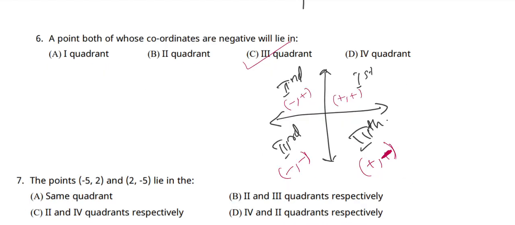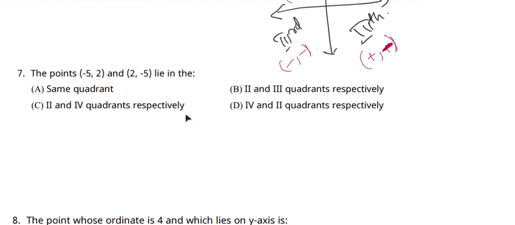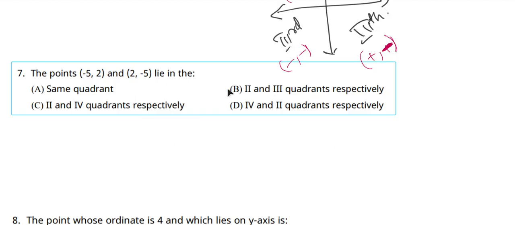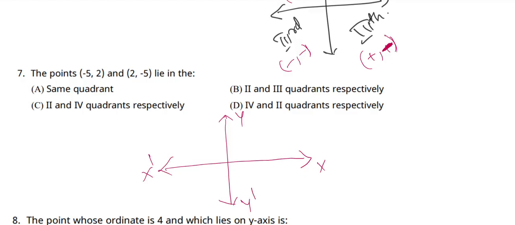Okay, next: the points (-5, 2) and (2, -5) lie in the same quadrant, second and third quadrant respectively, second and fourth quadrants respectively, fourth and second quadrants respectively. So for (-5, 2), on the axes we can check x-axis, y-axis, negative x, negative y.